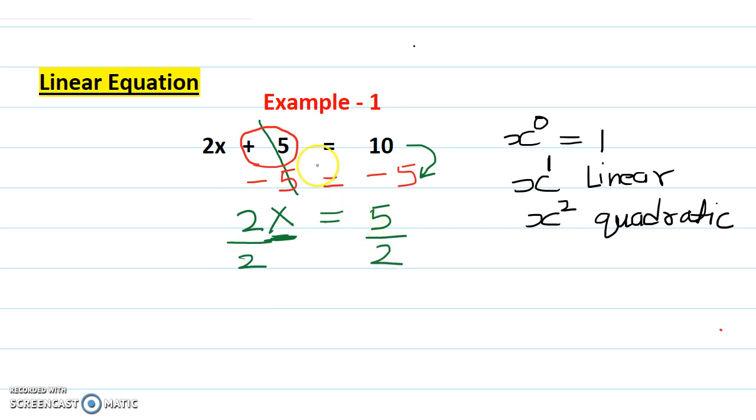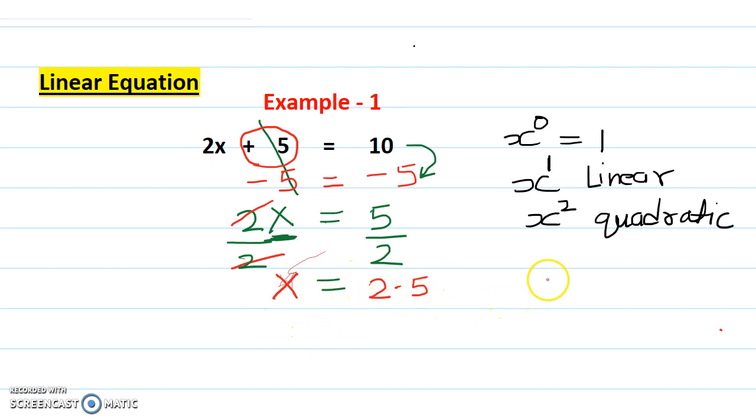So 5 divided by 2, and again you put equal sign underneath. 5 divided by 2 is half of 5, so it is 2.5. And this 2 and this 2 are cancelled out. So what is left here? We are left with x. So x is 2.5.